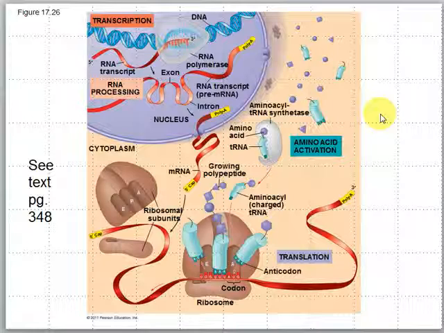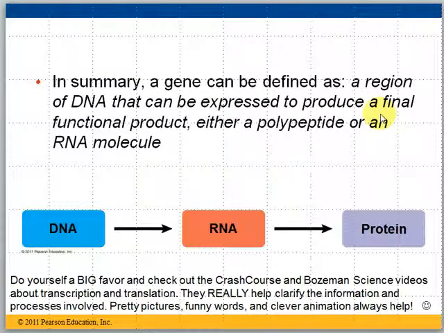We're going to look at Chapter 18 really briefly, and I'll tell you what's coming up with that. I won't have many questions about Chapter 18 on the final exam, but we do need to hit some of the highlights. Our last slide again talks about the central dogma that we have discussed, DNA to RNA to protein, and in summary, a gene can be defined as, here's a great ending definition, a region of DNA that can be expressed to produce a final functional product, which will either be a polypeptide or an RNA molecule.